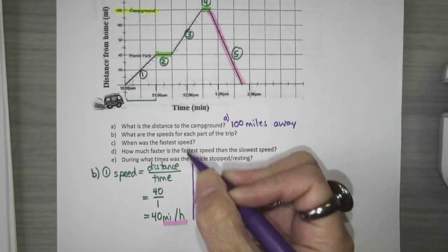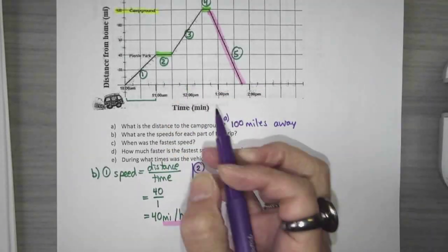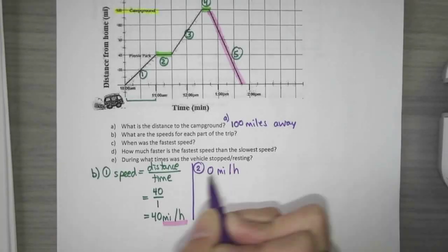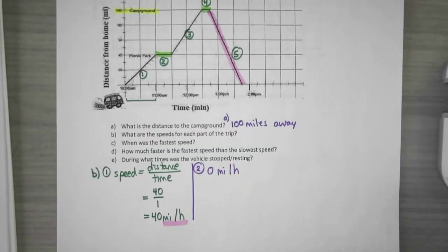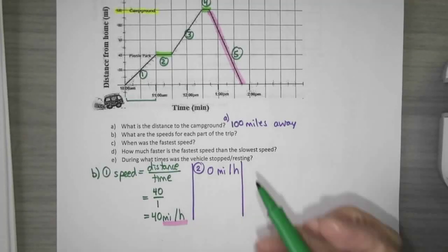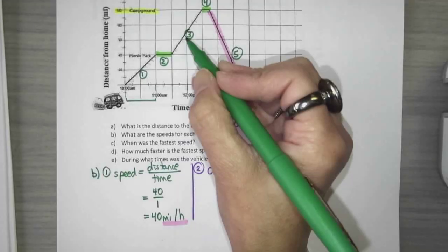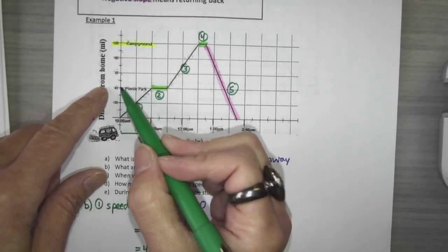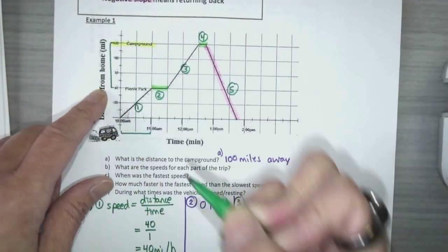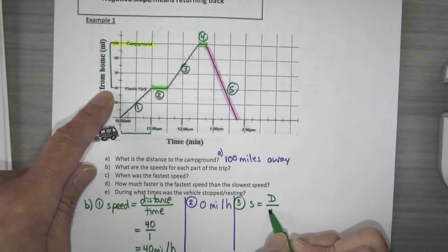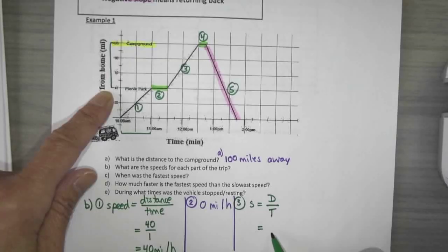For the second part, 2, that would be 0 miles per hour, right? There's no movement there. Okay, then for 3, this part here, let's look at the distance. So you went from 40 to 100, so 40 to 100. So speed is distance over time. You can use S and dt.